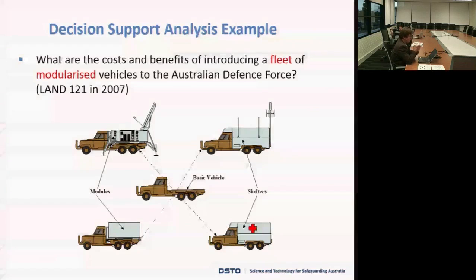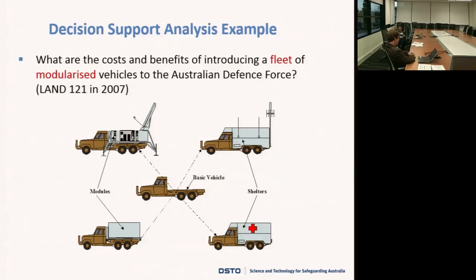With this new capability, or the replacement of the current capability, what the endeavor was, and has also been realized, is to move from a design of vehicles where the functions of the vehicles are fixed to the vehicle, so welded into the vehicle, to one where the functions of the vehicles are in modules and shelters.